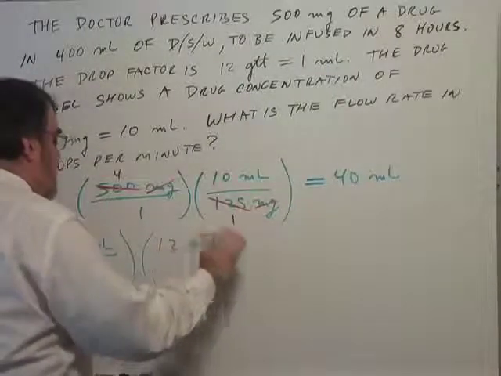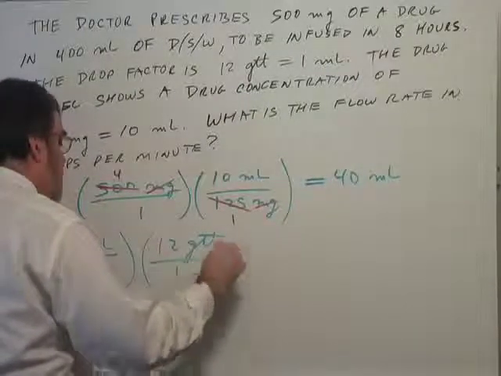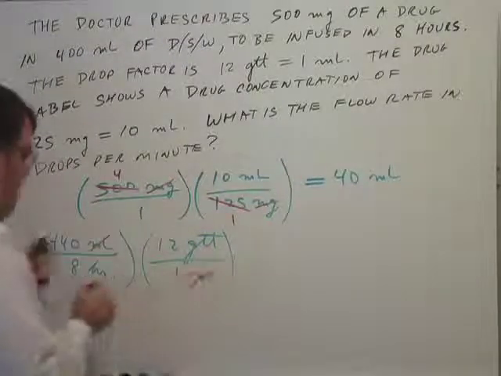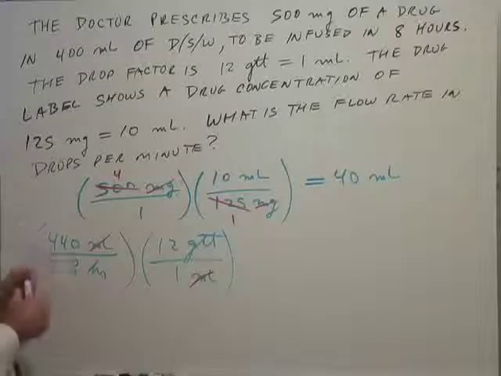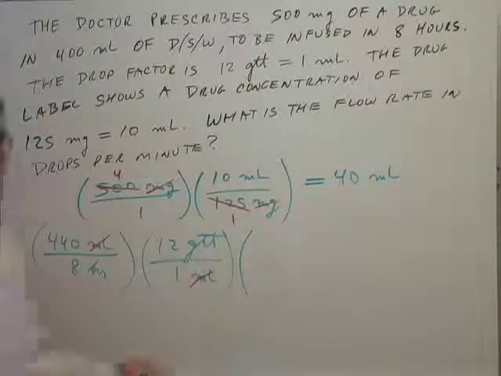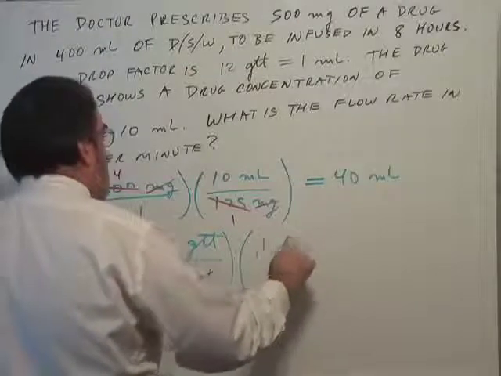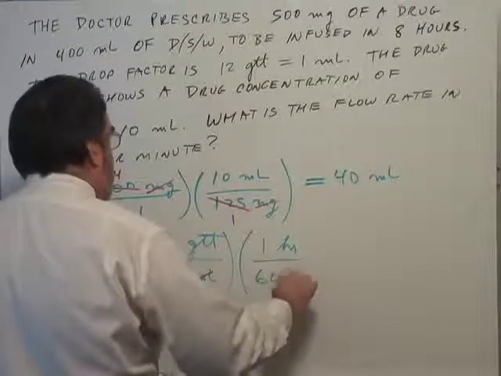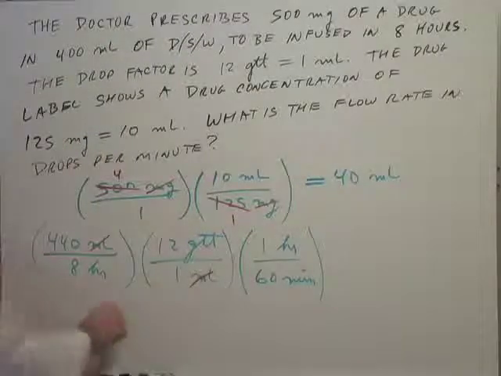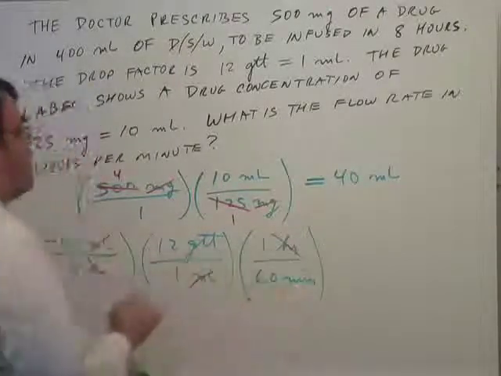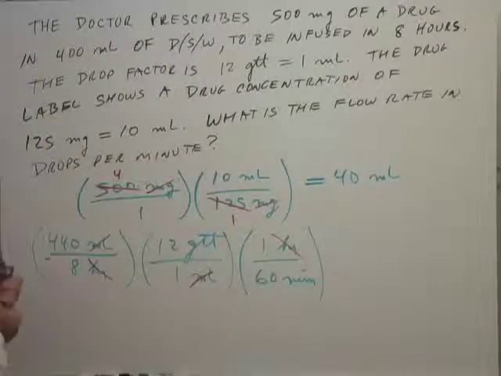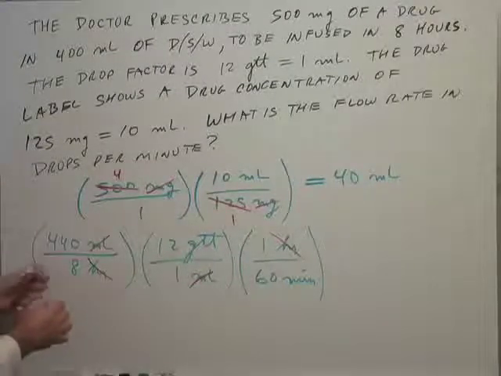Milliliters cancels, giving drops per hour. And then we have to replace hours with minutes. So I'll put 1 hour over 60 minutes. And that gives us our drops per minute, which is what we wanted to end with.